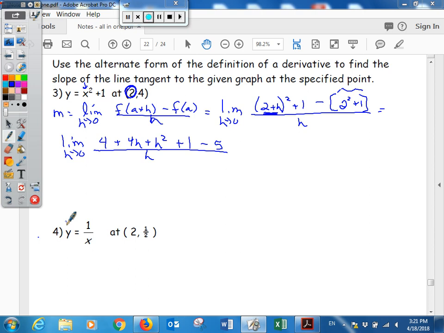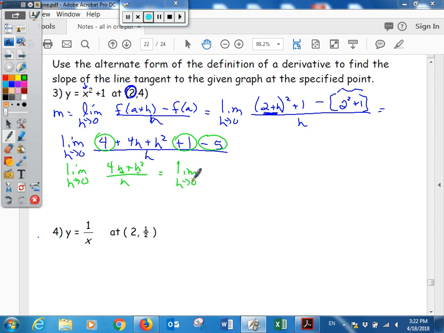All right, so let's see what we can cancel. We said that there would be values that would cancel. Here's a 4 plus a 1 is 5, minus 5. Those cancel, which leaves us with the limit as h approaches 0 of 4h plus h squared over h. Now if we could just factor an h out of those two terms in the numerator, we could cancel it with the denominator.